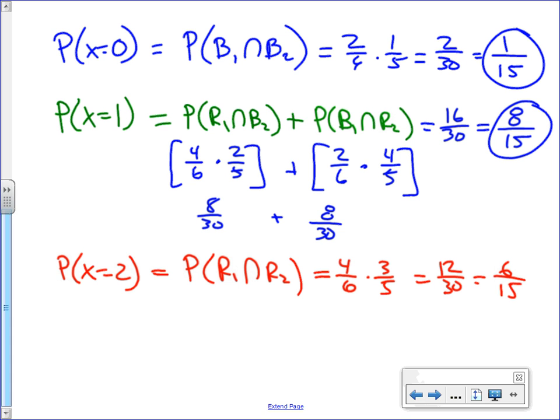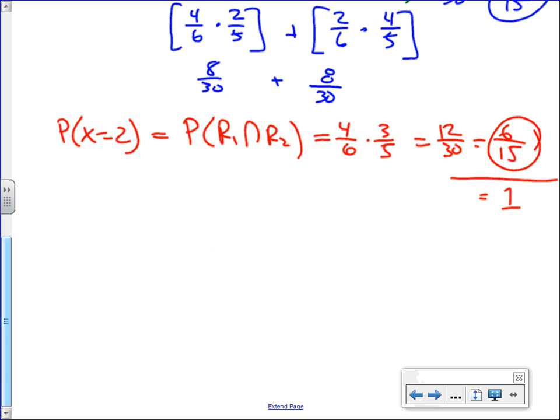Here's why: 1 plus 8 plus 6 is 15. If you total this up, this should be 1, or 15 out of 15 if you add them all up. So we're just creating the probability distribution.